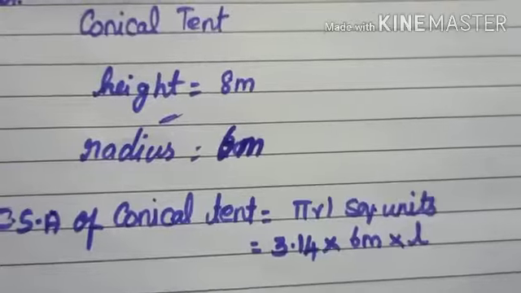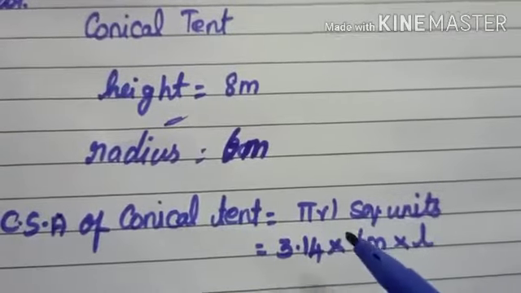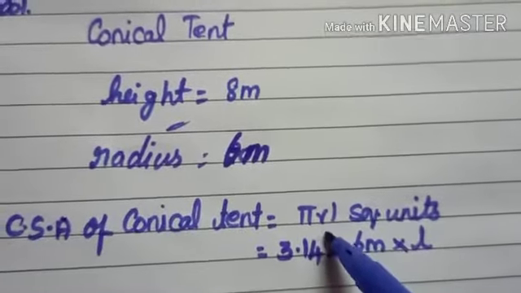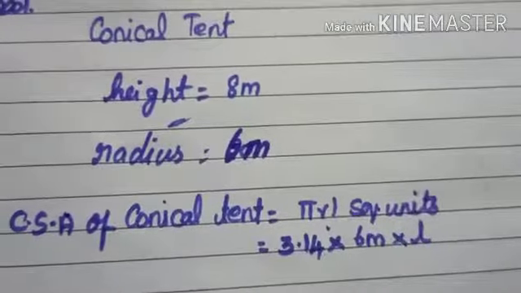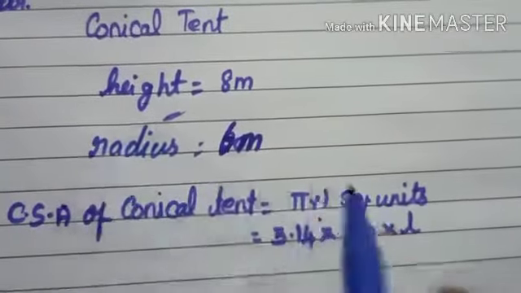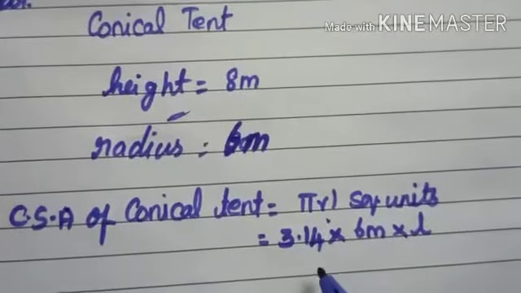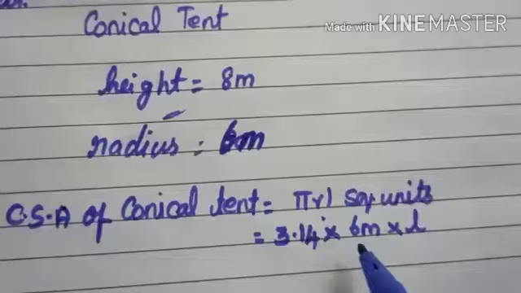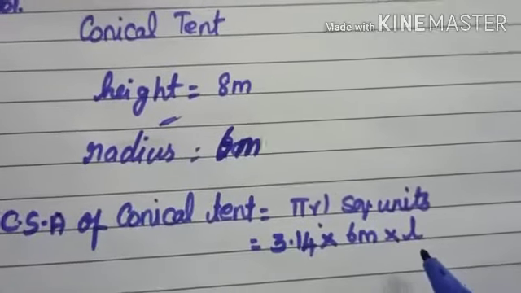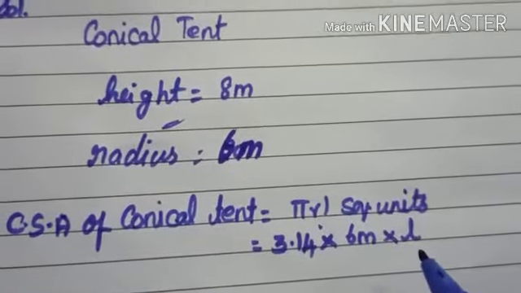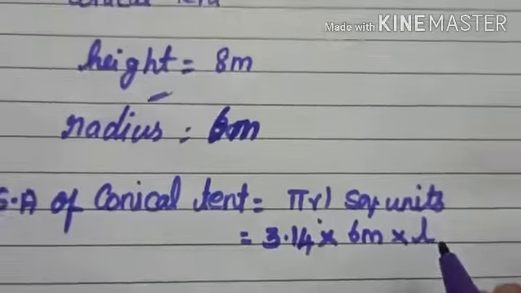Many of you made a mistake by applying the H value of 8 meter for l, which is not correct. So 3.14 into 6 into l. First you need to find the value of l.